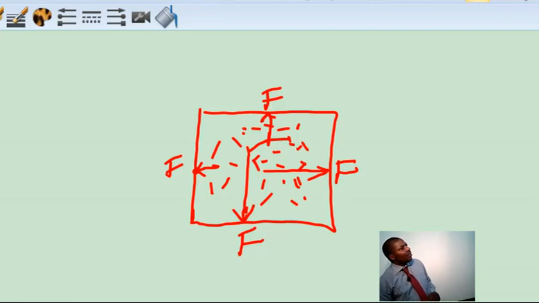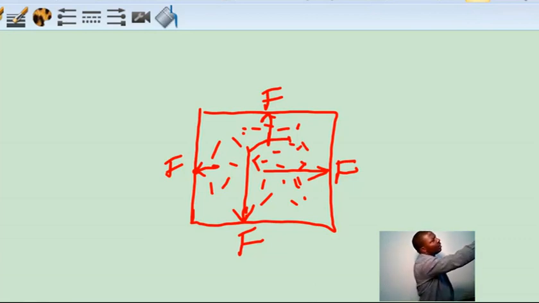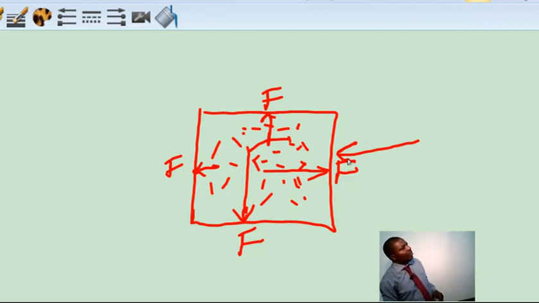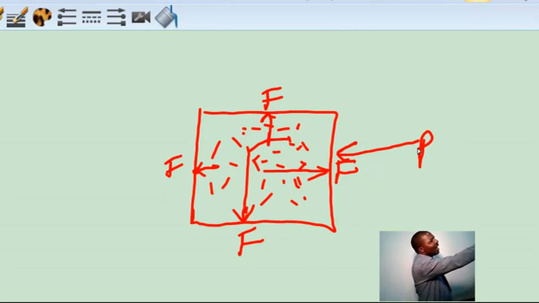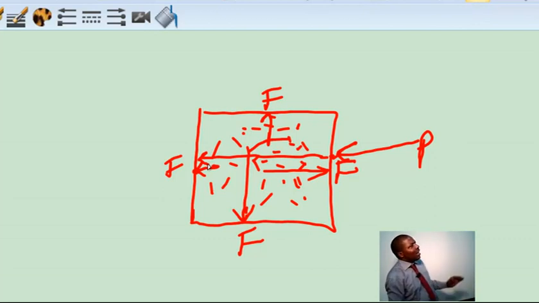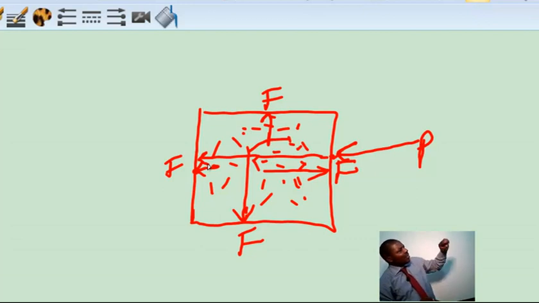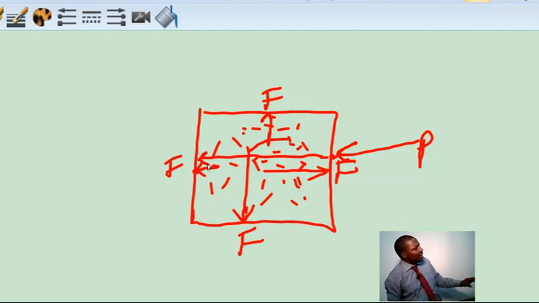Take for instance from the diagram, when you apply an external pressure on this fluid from outside, supposing you shrink the volume of the fluid, the pressure that is applied at this end is being transmitted uniformly to this end without being diminished. So the force applied at one end is being transmitted around the liquid body without being diminished.